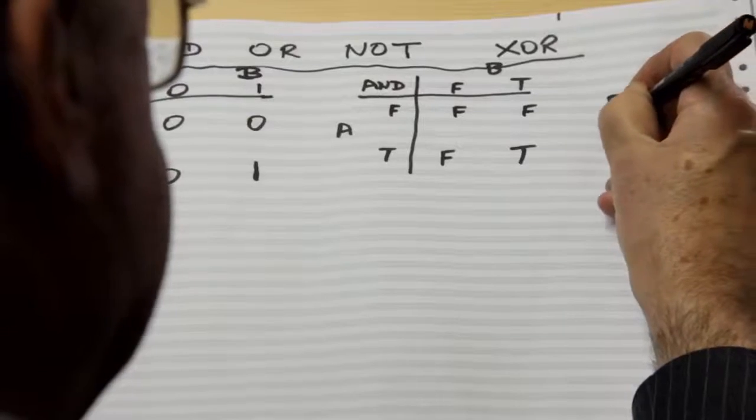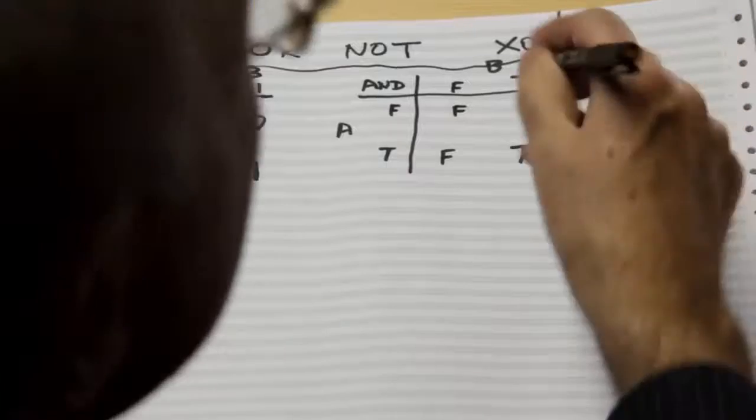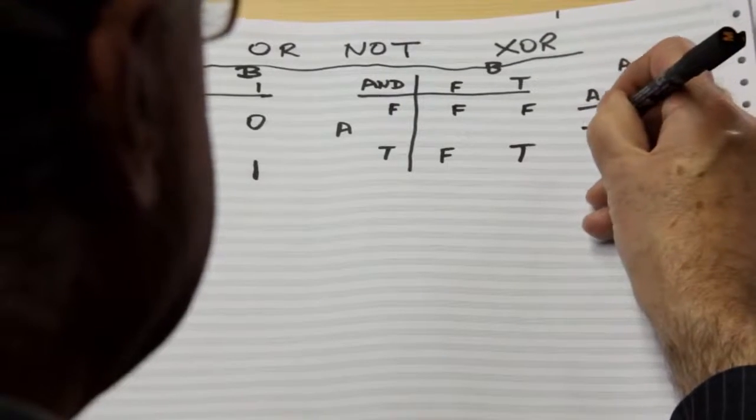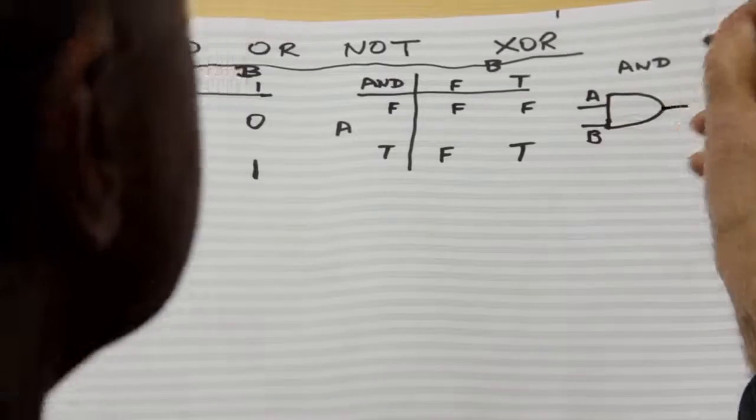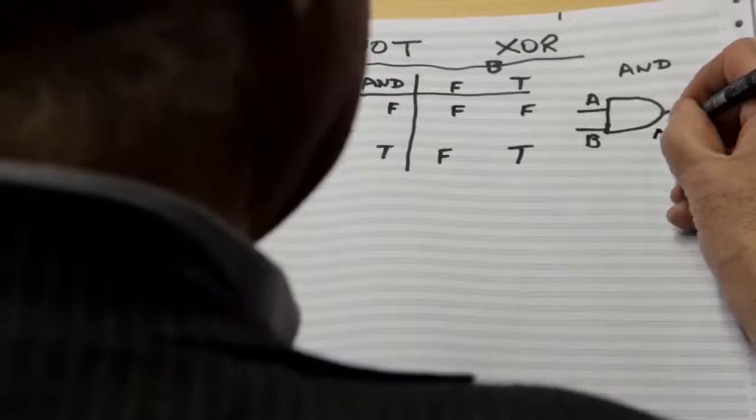If you're an electronics engineer and you're building some electronics to do these logic functions, what you would draw is your AND gate with two inputs, A and B, and one output. The thing to remember is that the AND is a fairly rounded kind of shape at the front. But the point here is that the outcome of doing A and B together can be written in lots of ways.